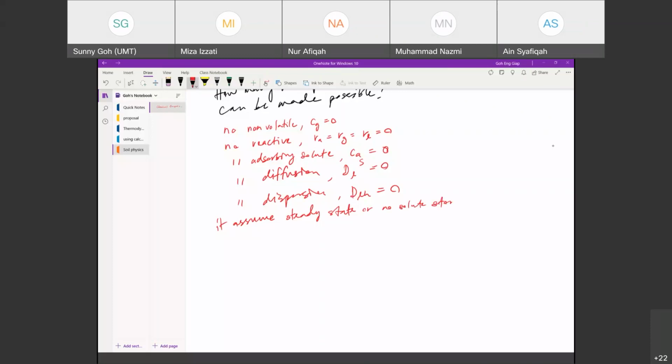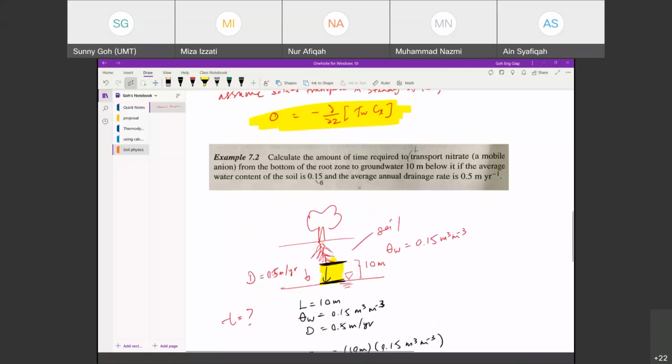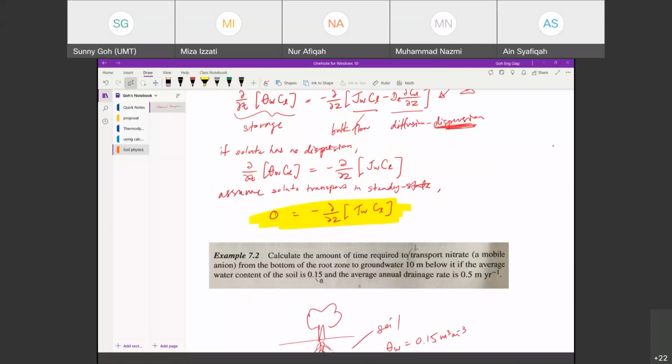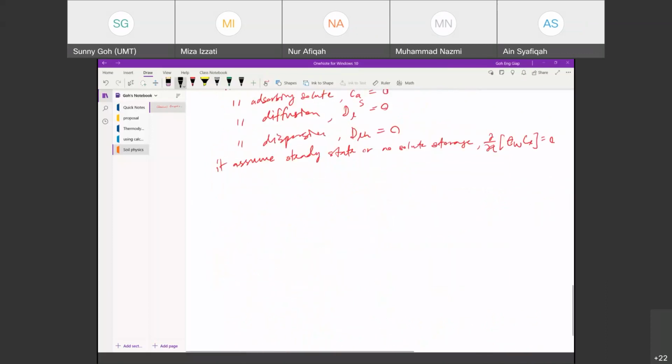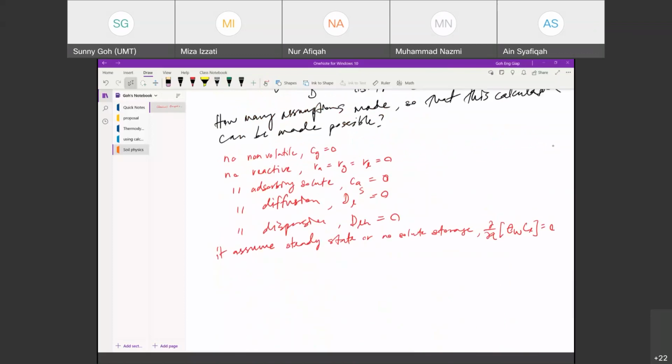That's why we get D, T, W, PL equals 0. So you can see this part becomes 0, and that's why you can simplify the whole thing. So this is the assumption: no storage, or you can say it's steady state. Steady state basically means no storage.